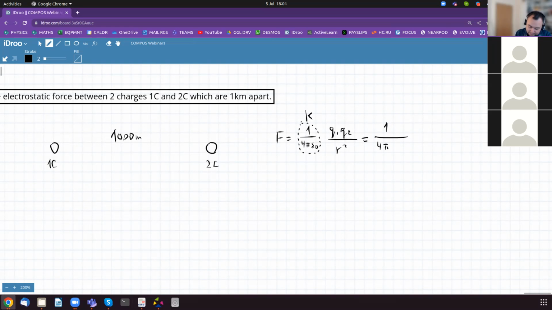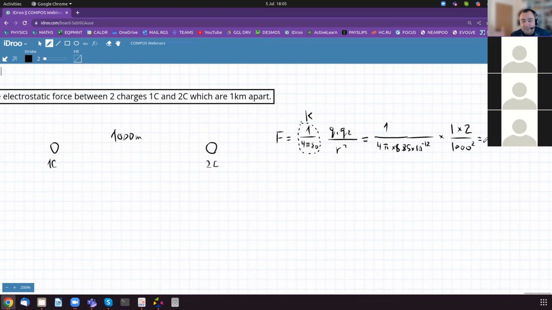Epsilon 0 is 8.85 times 10 to the minus 12, multiplied by Q1, which is 1 coulomb, multiplied by 2 coulombs, divided by the distance between them, that's 1,000 meters squared.